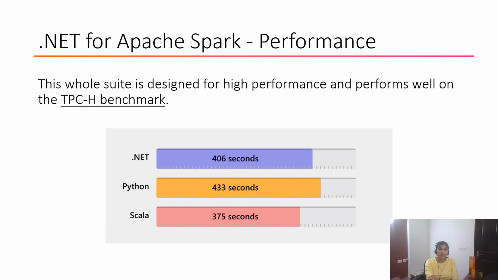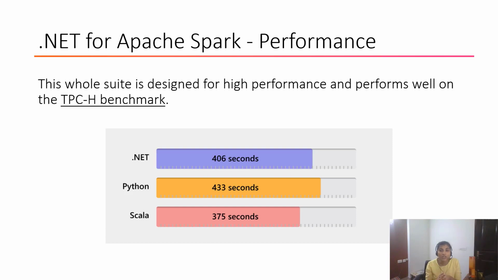So the TPC-H benchmark consists of a suite of business-oriented ad hoc queries and concurrent data modifications. The queries and the data populating the database have been chosen to have broad industry-wide relevance.